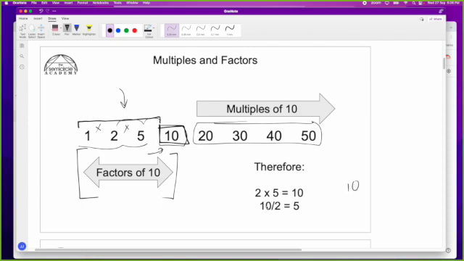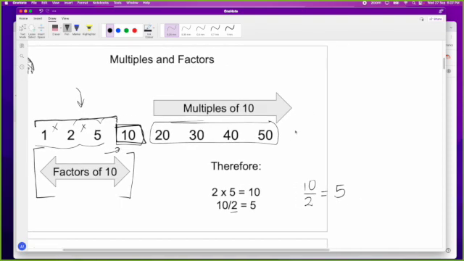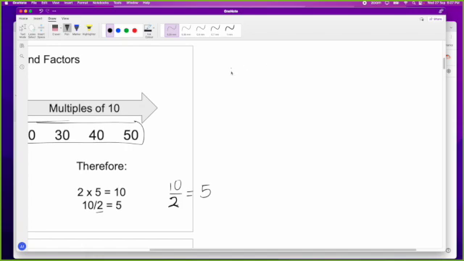And if I divide it by one of the factors, I am supposed to get another factor, right? So if 2 is a factor, right? So 10 divided by 2 equals 5.